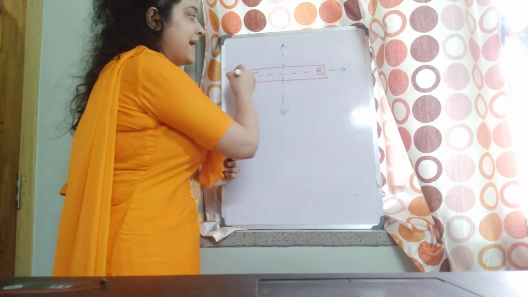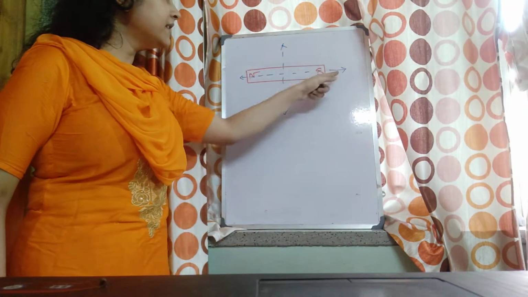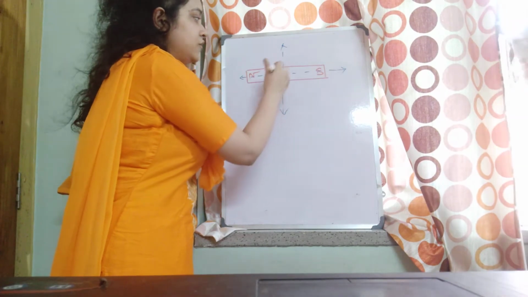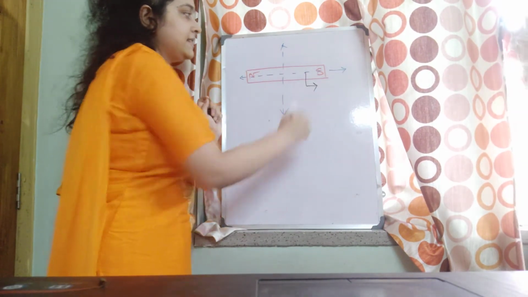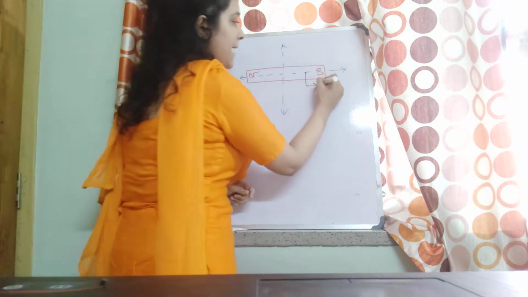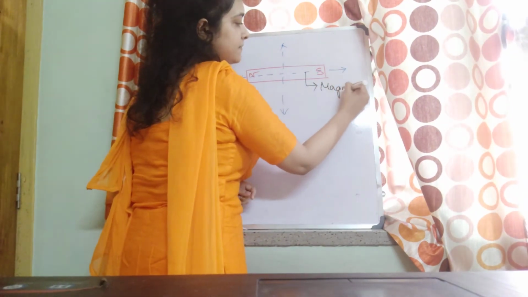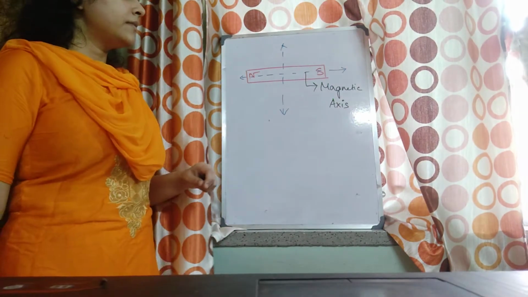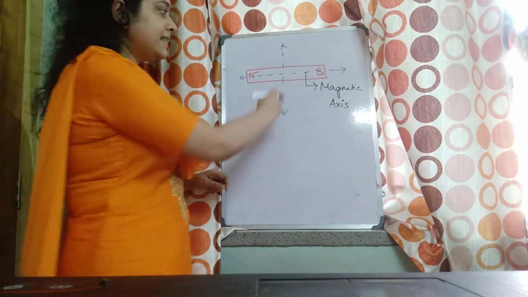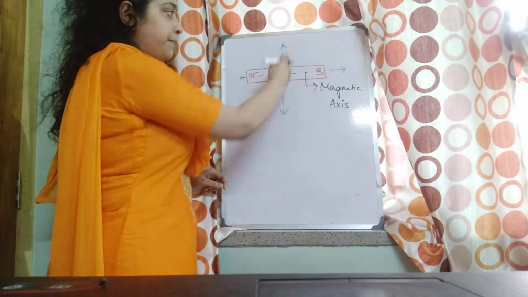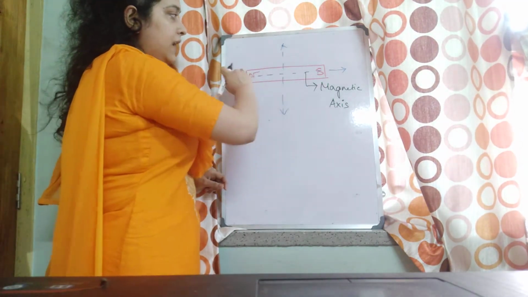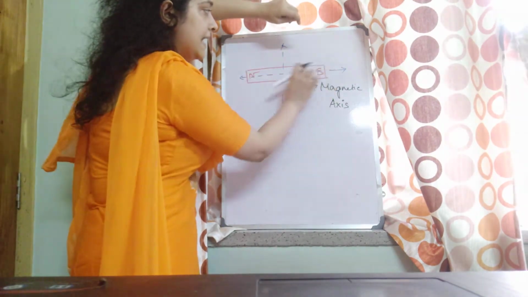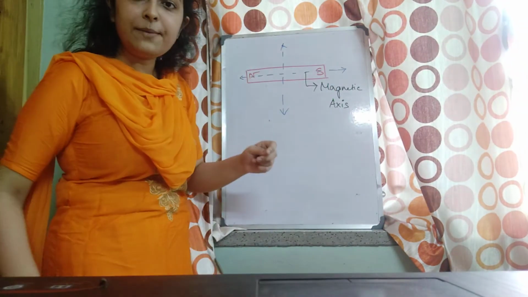Now, the imaginary line joining the two poles of a magnet is known as the magnetic axis. And the imaginary line perpendicular to the length of the magnet, what is the length of the magnet?